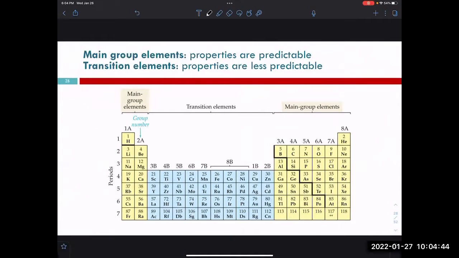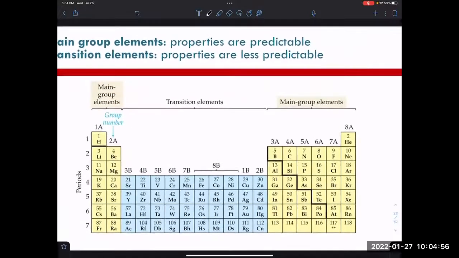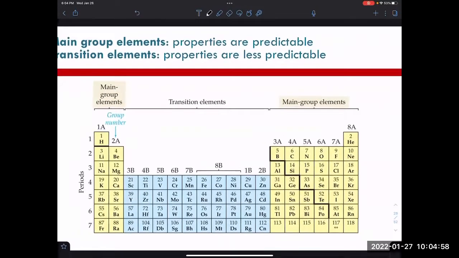So we do break this up into main group elements, which are groups 1 and 2 here. And then this can be a little bit confusing, but it doesn't have to be.